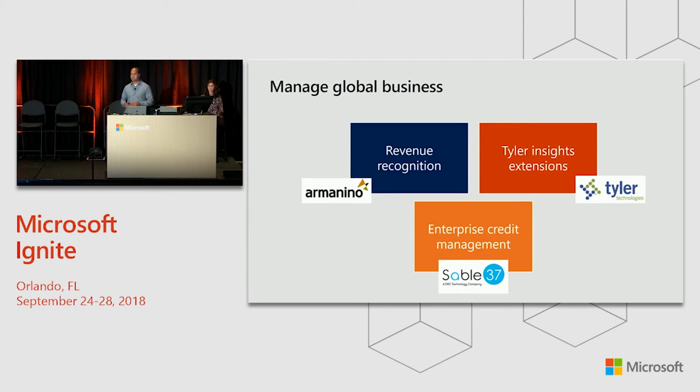Okay. Now, this is a fabulous slide, in my opinion. In finance and operations, we have the pleasure of working with a great ISV and partner community. These ISVs and partners are diligent, and they create functionality that fills vertical and horizontal gaps in finance and operations.